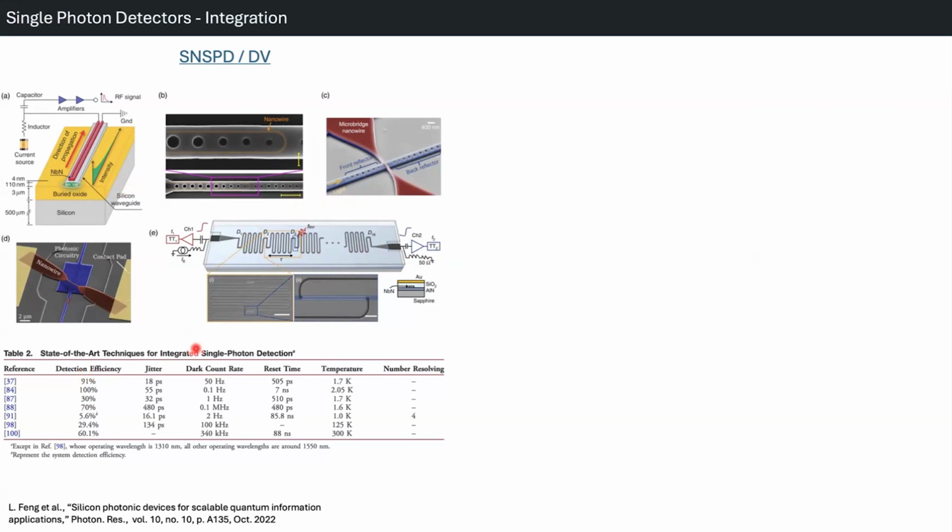Or here, a nanowire detector on top of the photonic integrated circuit, and the area is like 10 microns, 20 microns in one dimension. With an integrated device, you get a time jitter of 20 to 100 picoseconds, and the dark count rate is very low.